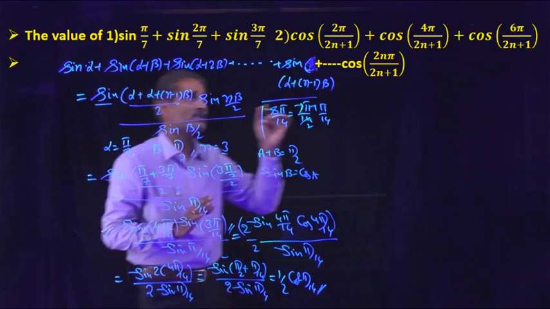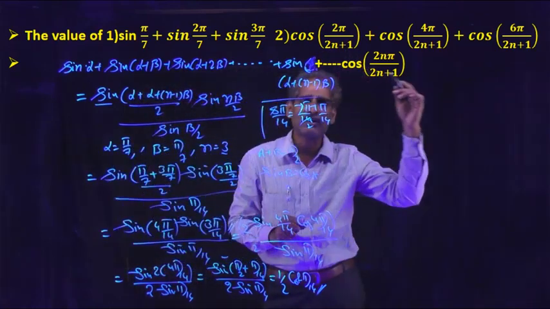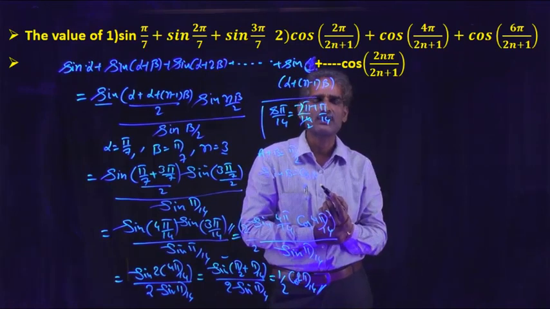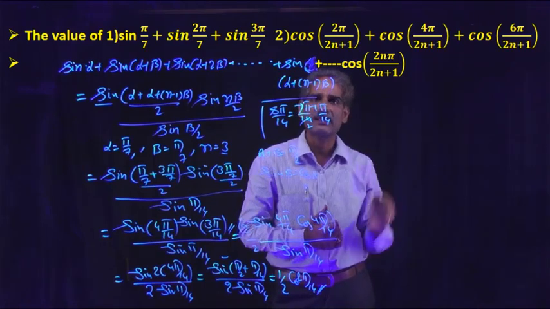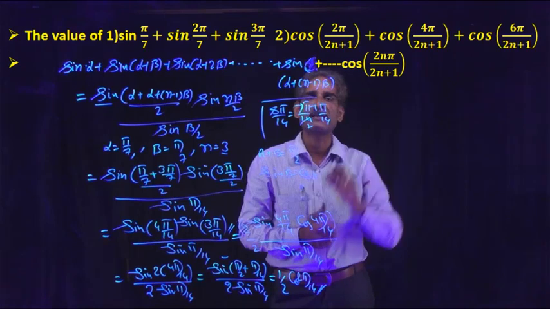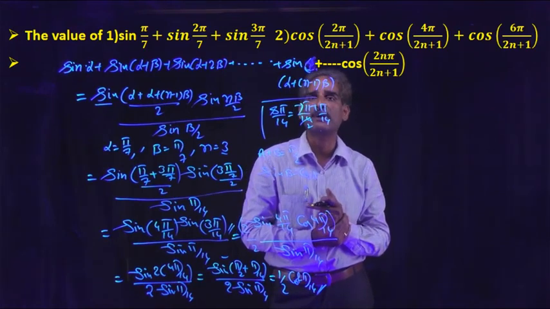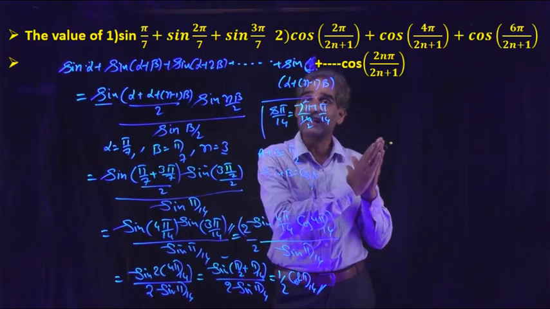So here observe what about the alpha, what about the beta, and what about the n? Here there are n number of terms. So observe that 2 pi by 2n plus 1 is the first angle. Second angle is 4 pi by 2n plus 1. The last angle is 2n pi by 2n plus 1. That means it contains n number of terms.